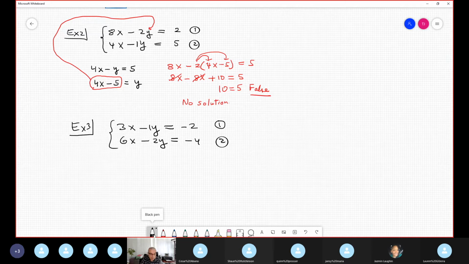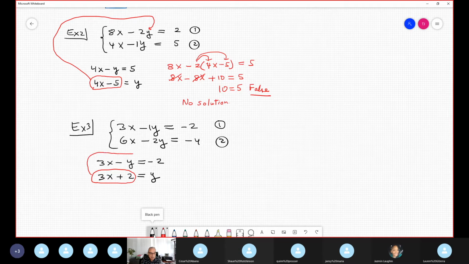Okay, then I take my equation number 1, I copy again. I solve for y. I propose you this: 3x stays here plus 2 equals y. And now we take this expression as a substitution in the other equation in the y place.